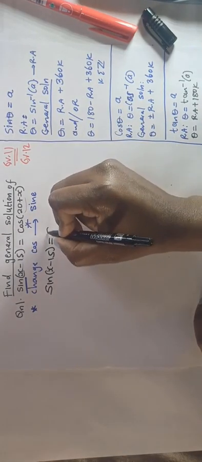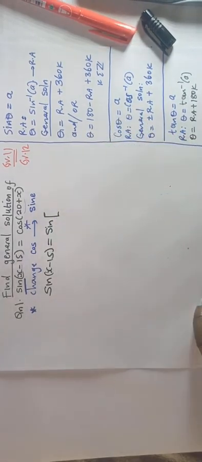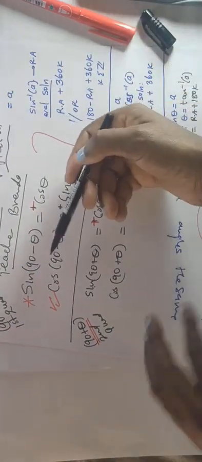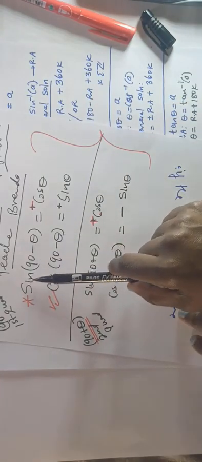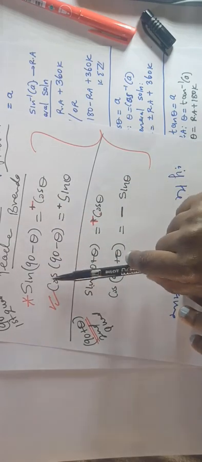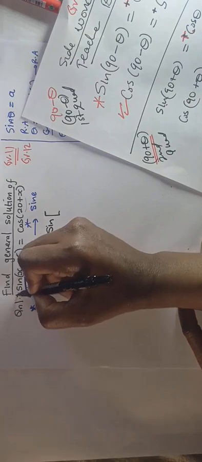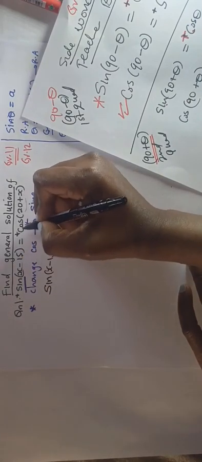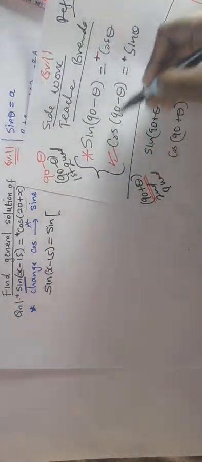From my side work, sine of (90 - theta) gives positive cosine, and cos of (90 - theta) gives positive sine. Since these original terms were positive, and what I'm aiming to change has a positive coefficient, it's easier and friendlier to focus on 90 minus.